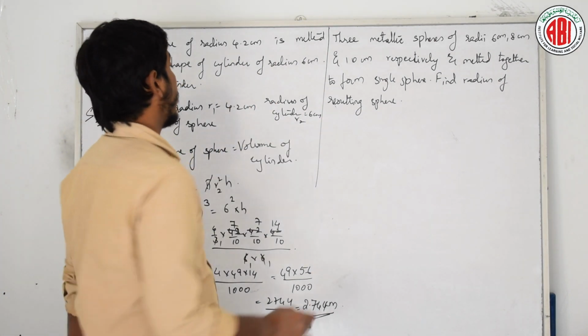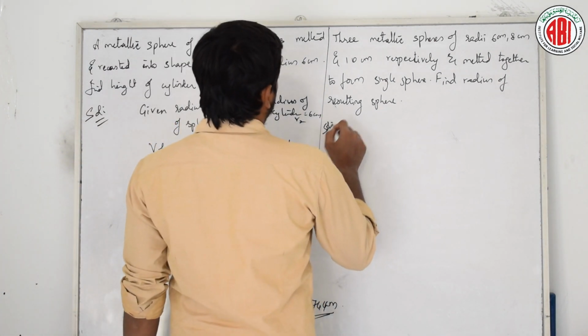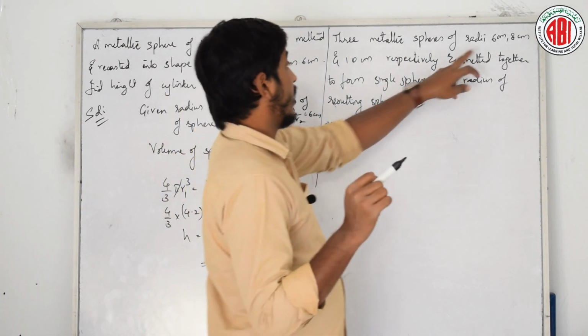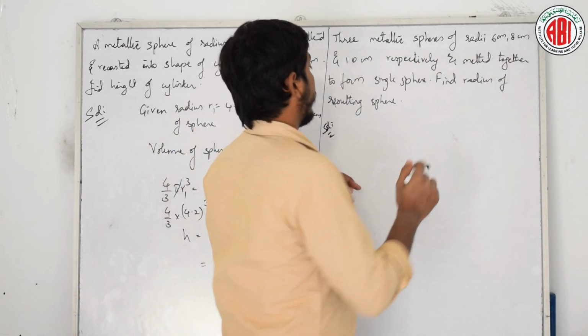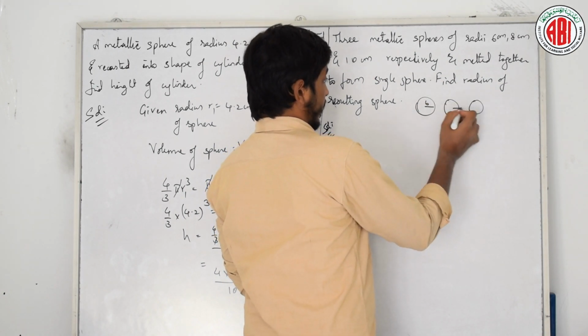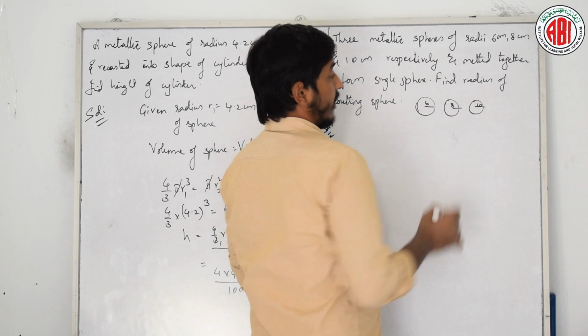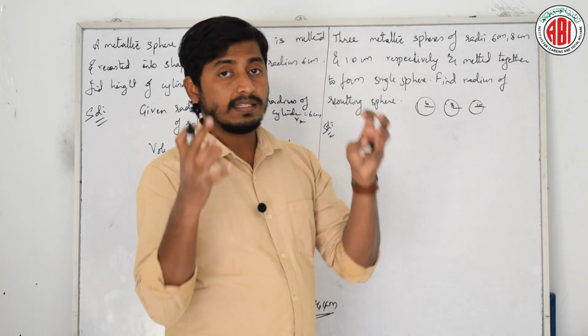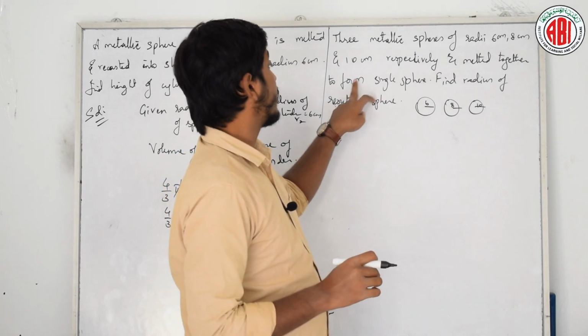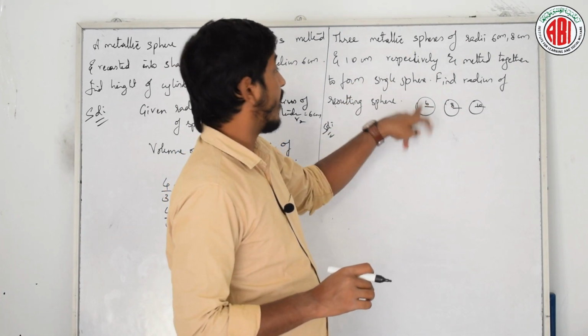See the next question. He is telling there are 3 metallic spheres, 3 spheres of radius 6, 8, 10. He is telling these 3 metal spheres are combined together to form a big sphere. That big sphere is of radius r, we have to find it.